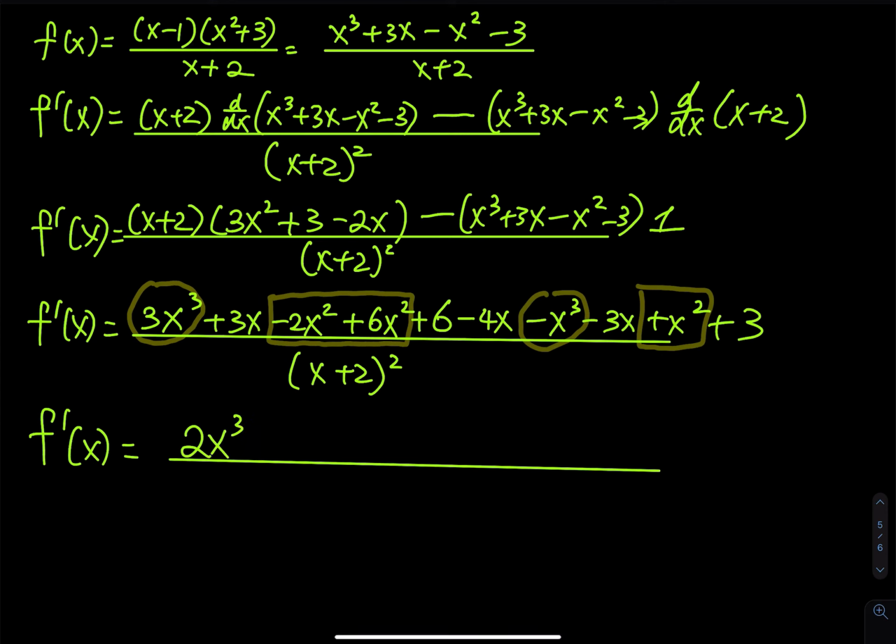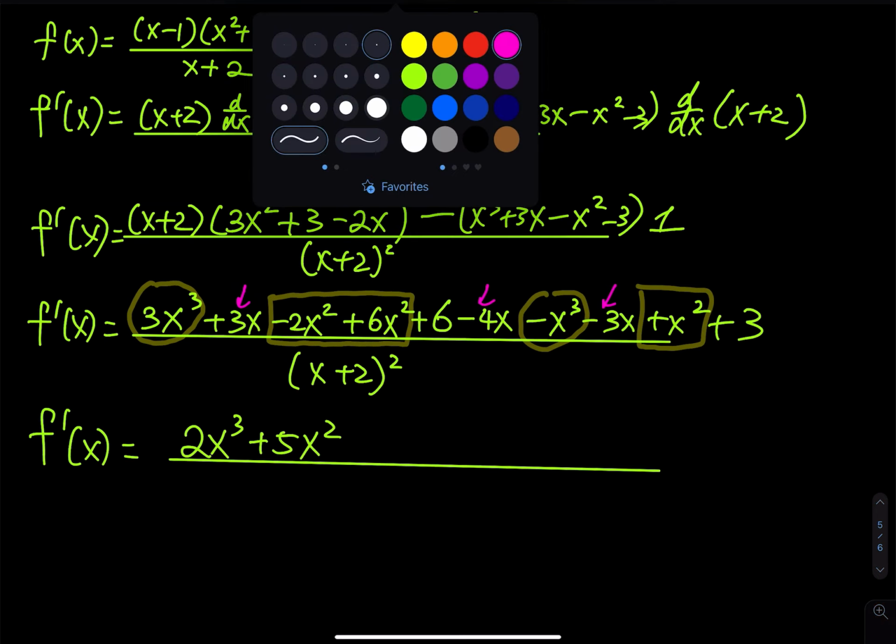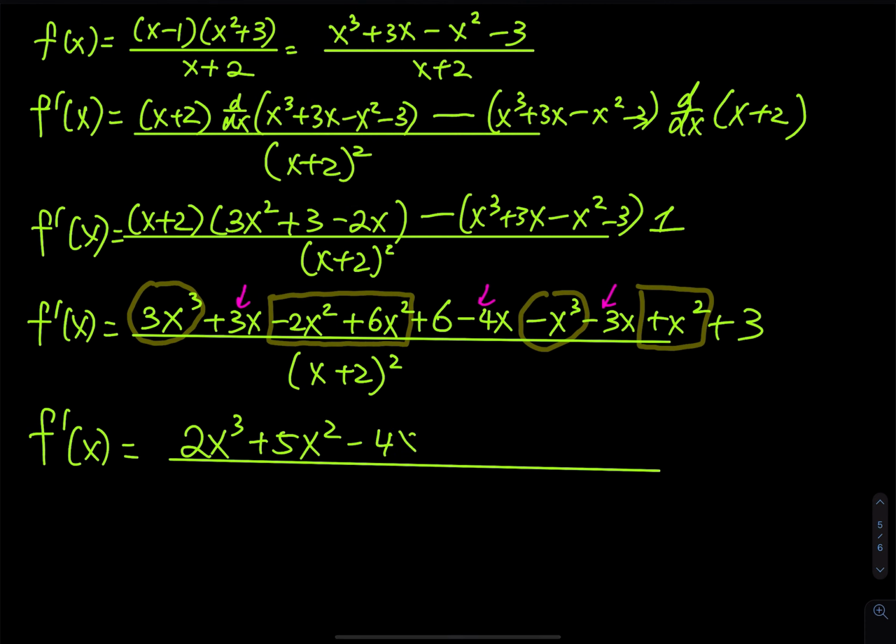And then negative 2 plus 6 is 4, 4 plus 1 is equal to 5, 5x squared. And then first power is 3 minus 3 minus 4. So 3 minus 3 is 0, 0 minus 4 is negative 4. And then constant: you have 6 plus 3, which is equal to 9.